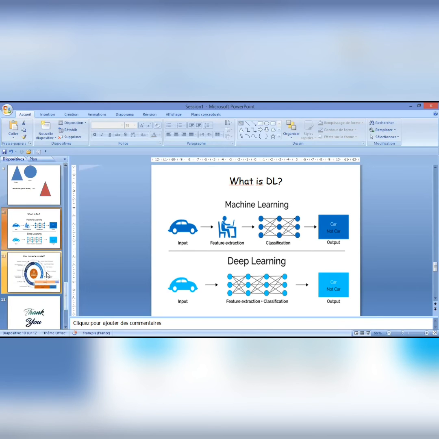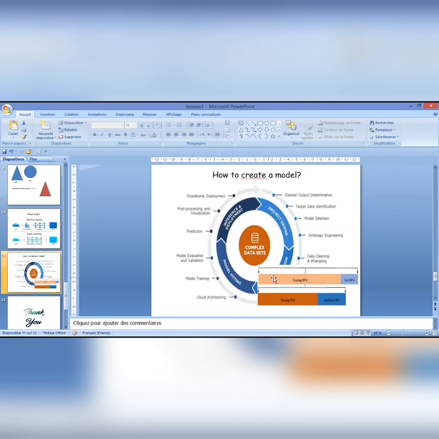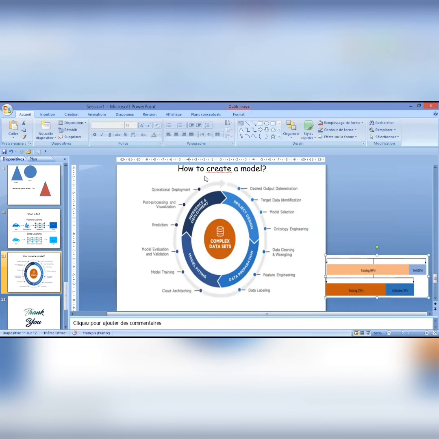Okay, so finally I will repeat the process. When talking about creating the model, we have to design the project. We have to decide on our targets, on the nature of data to work with, on the architecture of model to work with, and so on.